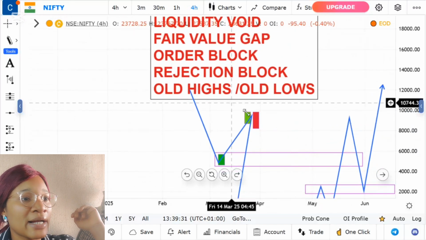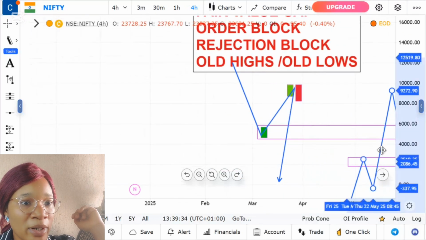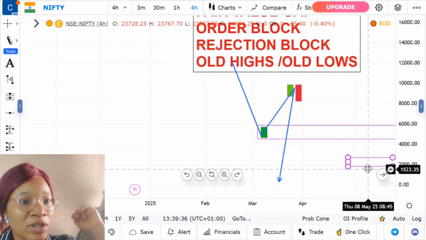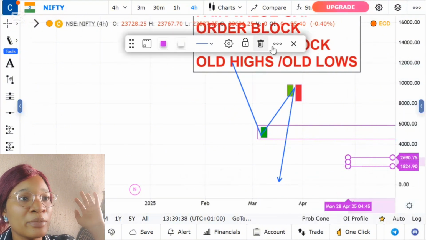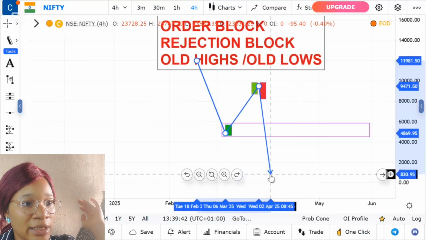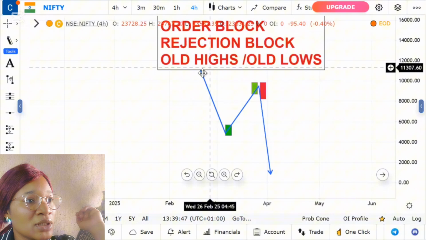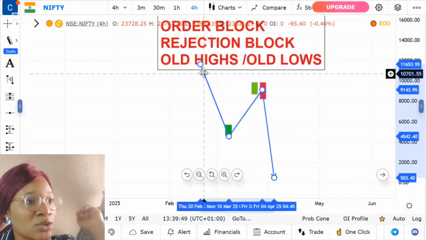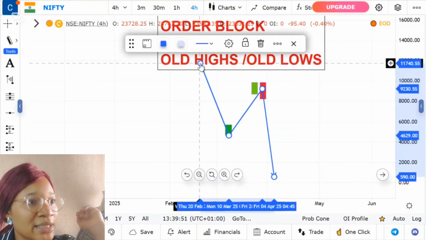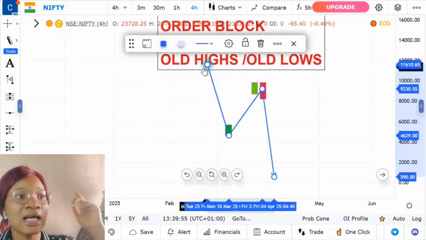So let's say price is here. In this case, we are still talking about a downtrend and a breaker block in a downtrend. This used to be a downtrend. So in a downtrend, we are not expecting that price will break these highs, right?